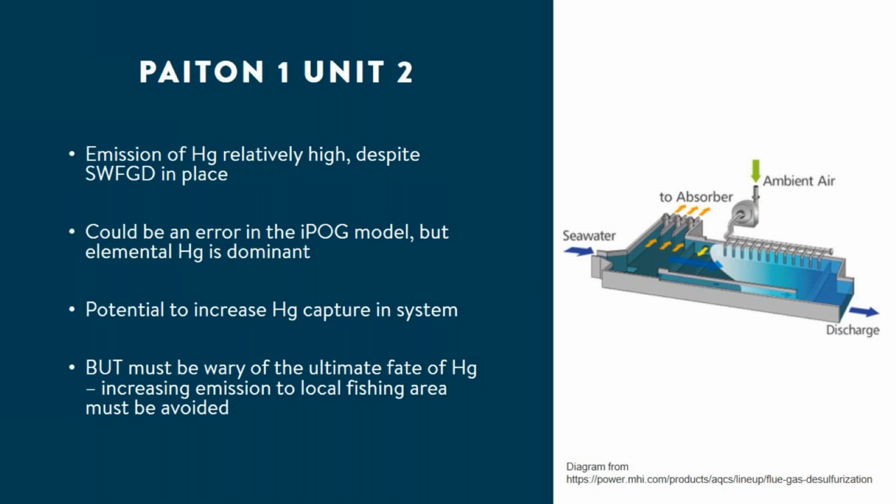The important thing is, and I will focus on it more in the next slide, I believe, that seawater FGD, which is characterized by ocean water being returned to its origin, to the ocean, has potential to increase local mercury concentration in seawater. So this obviously must be avoided to protect fishing areas and seafood quality. Next, please.